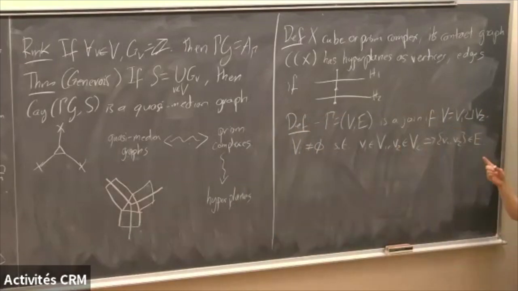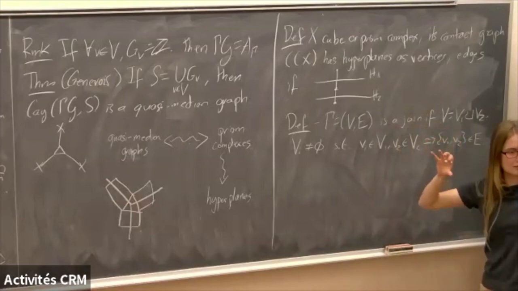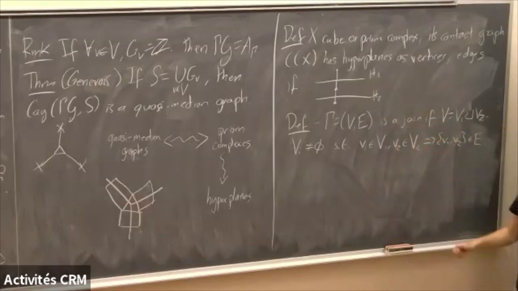So in the graph product case, this corresponds to being a direct product, right? You've got all the stuff over here, there's edges, so it commutes with everything in the other vertex set.